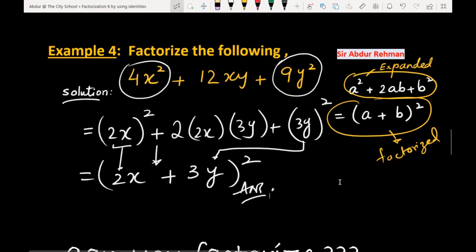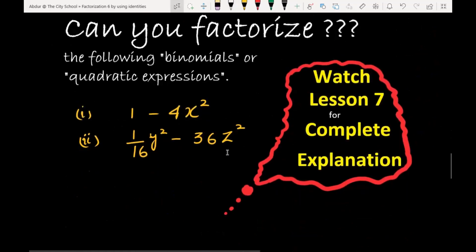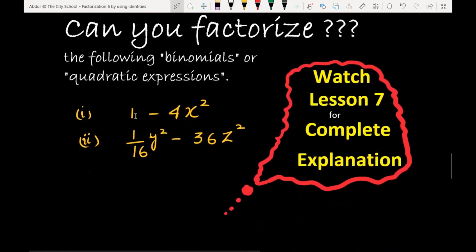Now, the question is, can you factorize the following binomials, or quadratic expressions? These expressions are 1 minus 4x square, or 1 over 16y square minus 36z square.